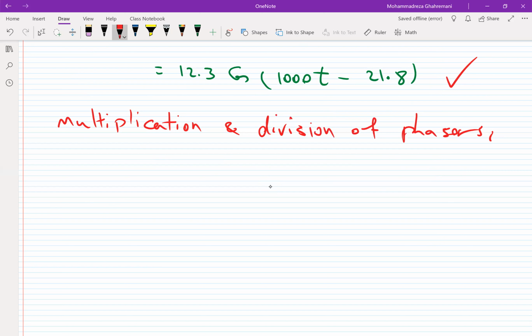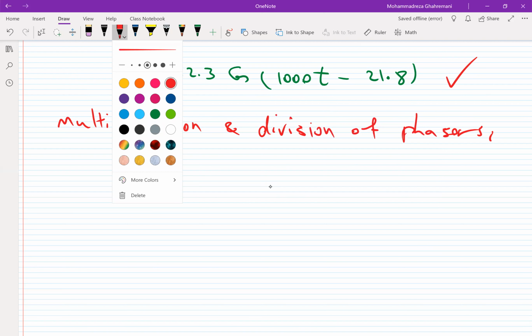In fact, multiplication and division are easier than subtraction and addition, because we don't need to do the second step and fourth step. We don't need to convert them to rectangular form, and we can directly multiply or divide the polar form of the signal. Okay, so let's see one example.